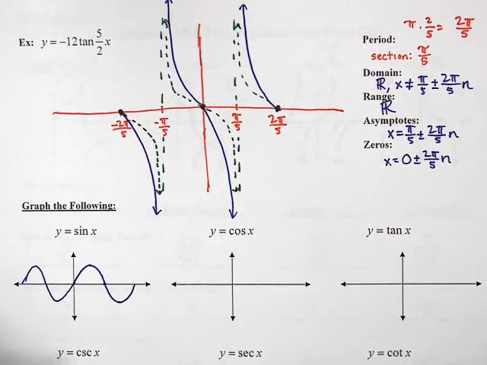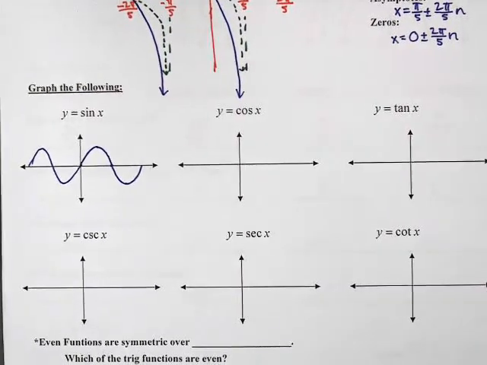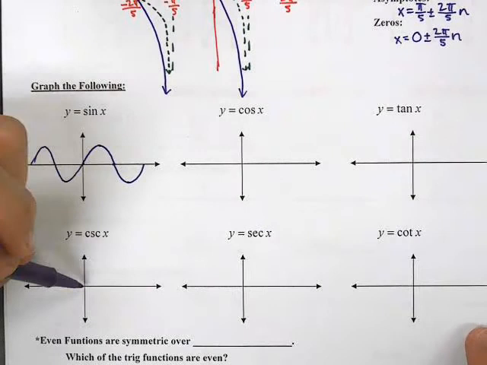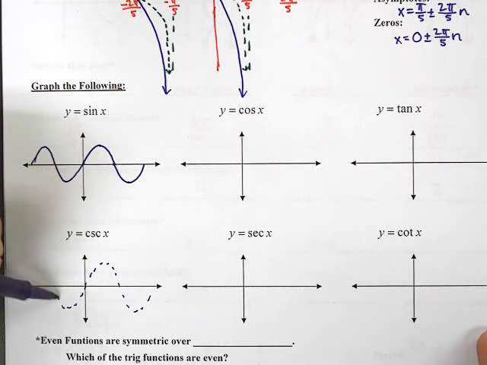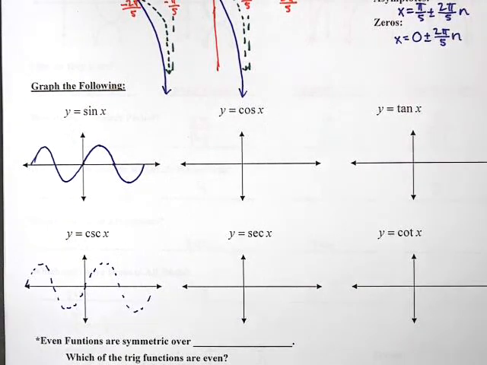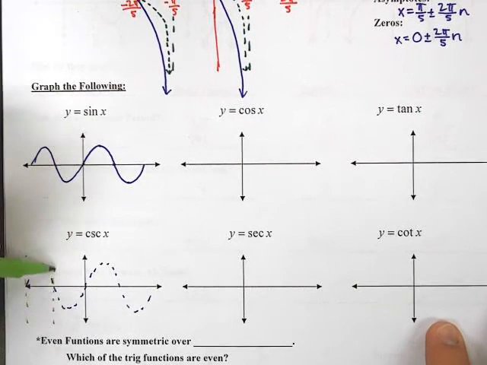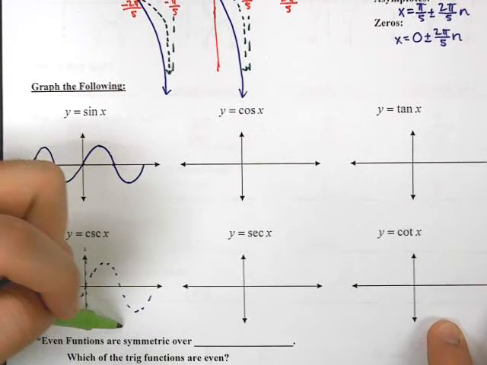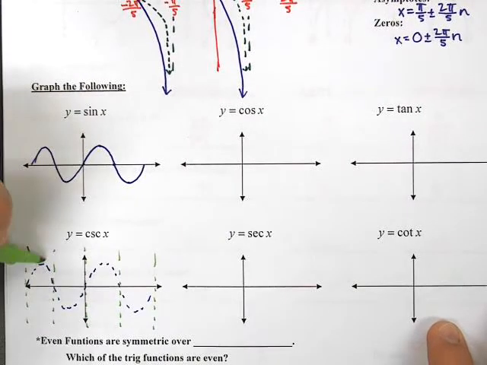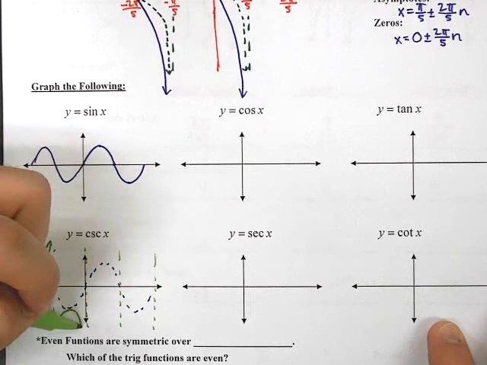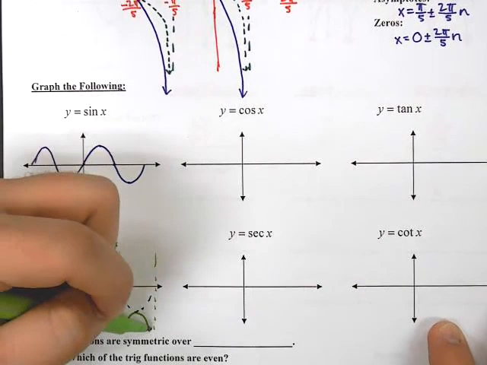For cosecant, well, we dash what we just drew. And then we make some vertical asymptotes at all the zeros. And we make those parabolas. We make all those parabolas, okay?